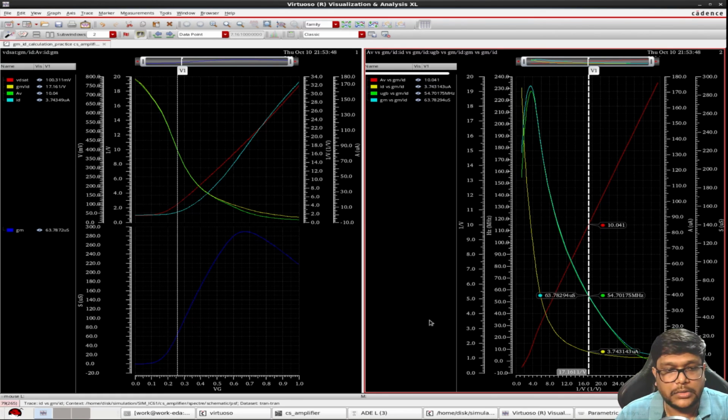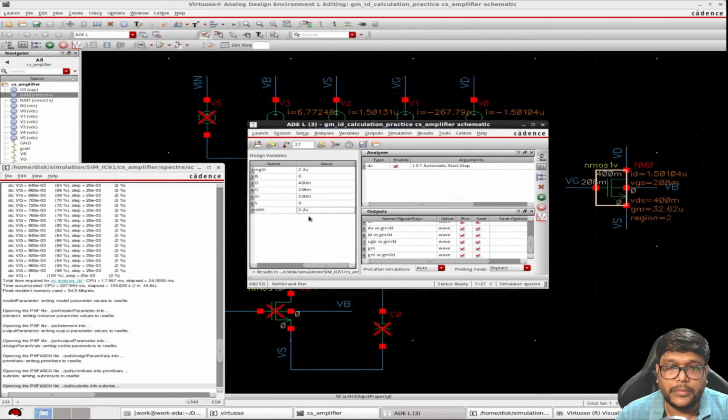So all is calculated. So we'll take this one as our final value, 3.2. Okay, so our VG will be 254. And our V in will be the same, 254.